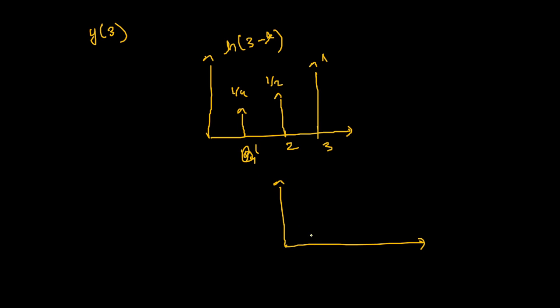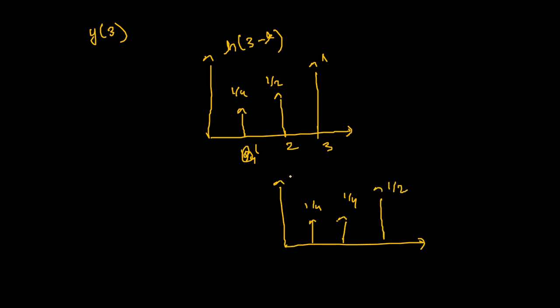So 1 into 1 by 4 gives us 1 by 4. At 2, the value of x of k was 1 by 2. So 1 by 2 into 1 by 2 again gives us 1 by 4. And at 3, the value of x of k was 1 by 2. So 1 by 2 into 1 gives us 1 by 2.